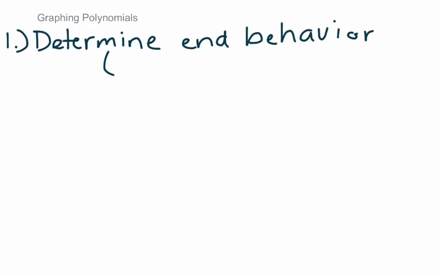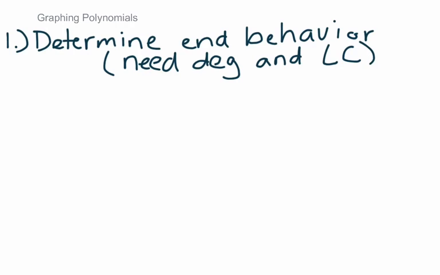So to figure that out, you do need your degree and the leading coefficient. If you think back to some of the first lessons we did coming back from the break, we focused on that vocabulary, like what is the degree, what is the leading coefficient, and then in the next class we did, okay, what do we do with that? We can determine the end behavior. So now we're going to draw on that skill to figure out which directions the end points.